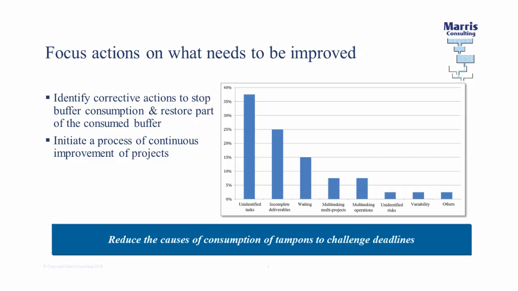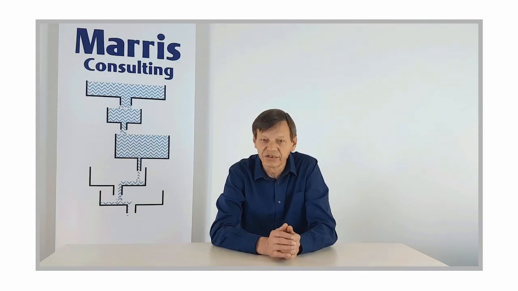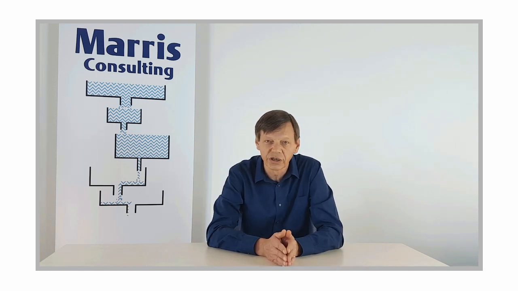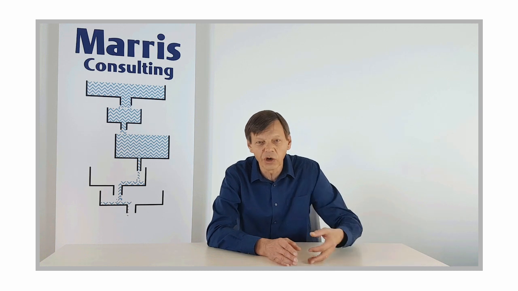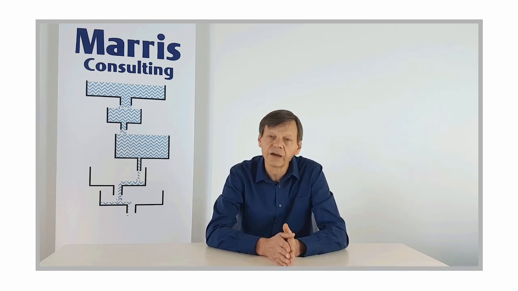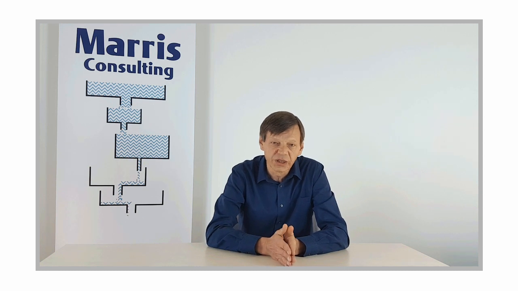In the same example, the second one was incomplete deliverables, okay? And this happens very often. It means that somebody had to, I don't know, design a detailed mechanical part, but he didn't have all the different specifications or whatever to work, okay? And he'd have to waste time calling up people or hunting down documents and all this sort of stuff, right? There are various ways of dealing with it.